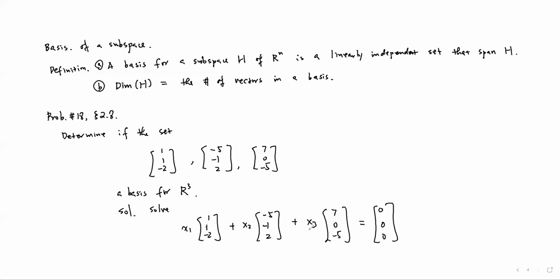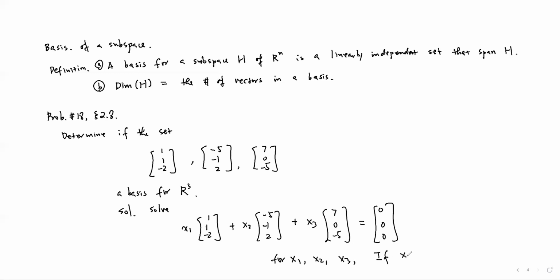If this equation has only the zero solution, then these three vectors are linearly independent, and because R3 is three-dimensional, these three vectors can span R3. Solve this equation for x1, x2, x3.